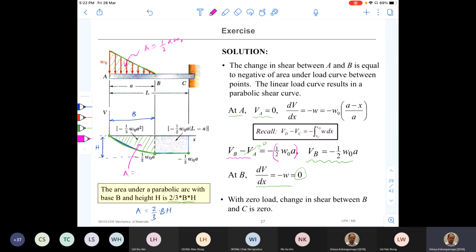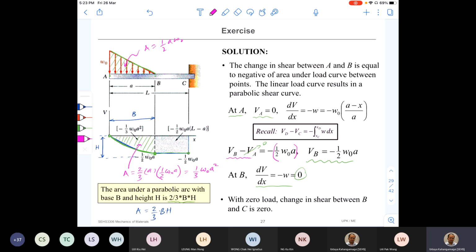Area A should be equal to 2/3 of B. B is A, right? And then height H. H is half WOA. Okay, so once you simplify this one, you can find that it is equal to 1/3 of WOA squared.